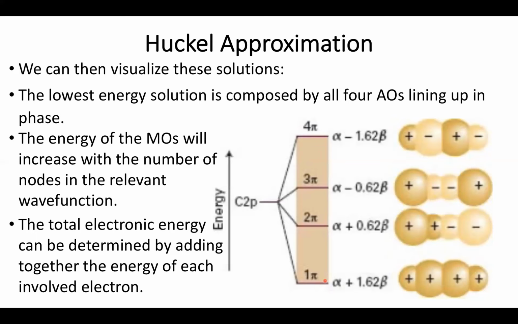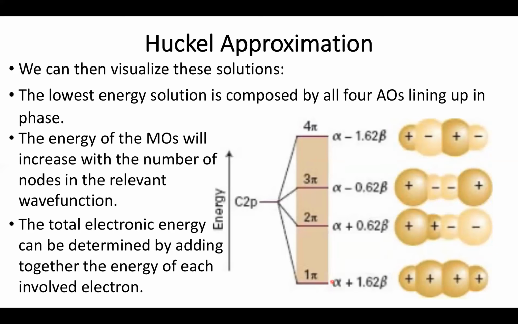So hopefully this makes sense of the Hückel approximation. It makes some fairly severe simplifications in how we treat molecular orbital systems. It's pretty good when looking at simple systems like conjugated pi systems where all of the bonds are of one type.